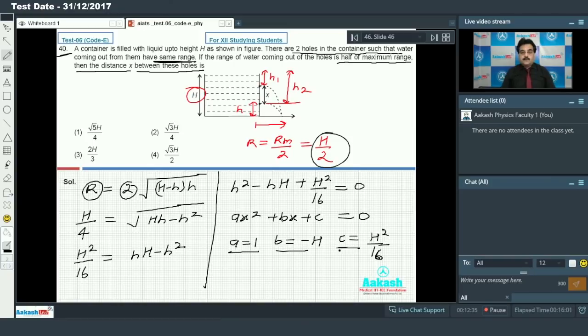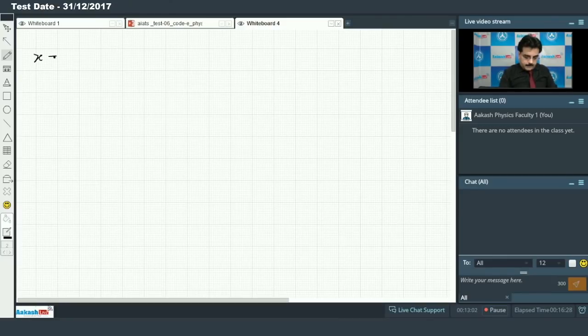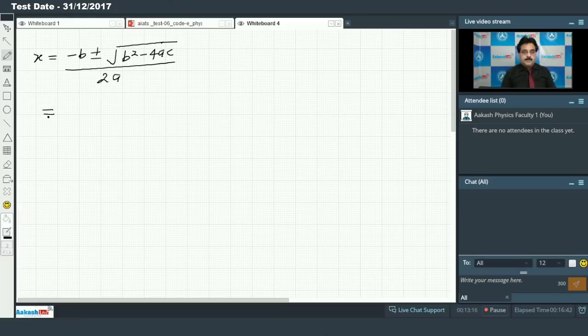So now I am going to use the Sridharacharya method, and for this purpose I need a board. So x is equal to minus b plus minus root of b squared minus 4ac, upon 2a. This is the Sridharacharya method. And now if I place the value of b, b is equal to minus H.